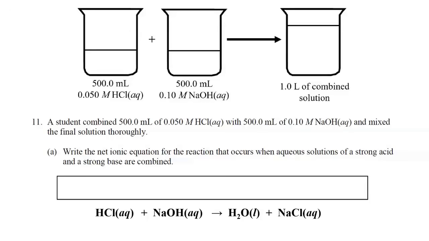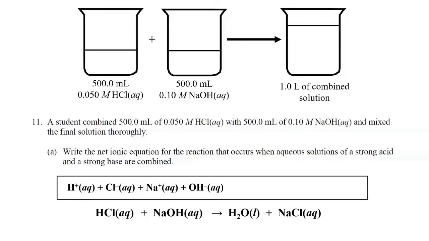Now, we still haven't written the net ionic equation, but remember that a strong acid is 100% ionized in aqueous solution. So I'll break up hydrochloric acid into H+ and Cl-. A strong base is completely dissociated into aqueous ions. So that would be Na+ and OH-. So there's my strong acid and my strong base completely ionized and dissociated.